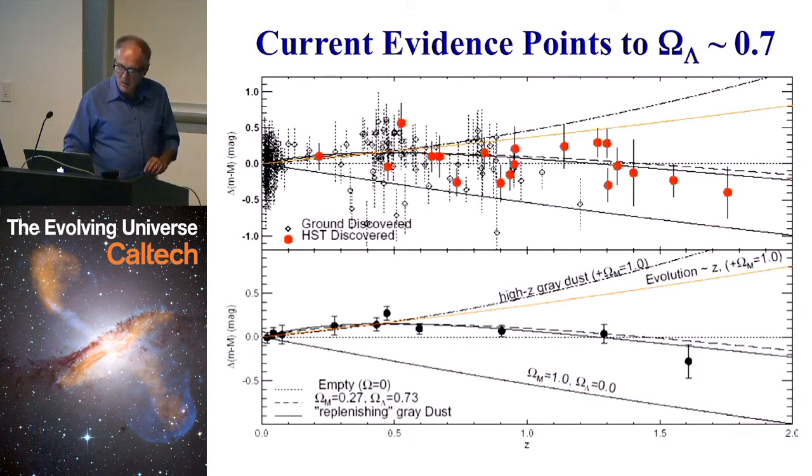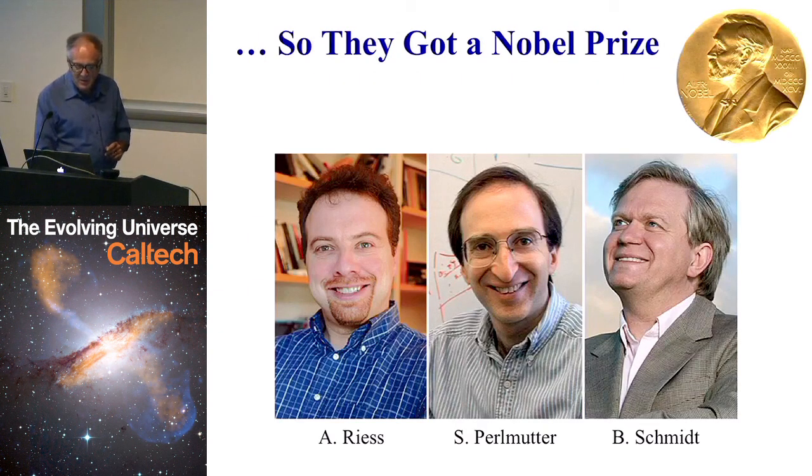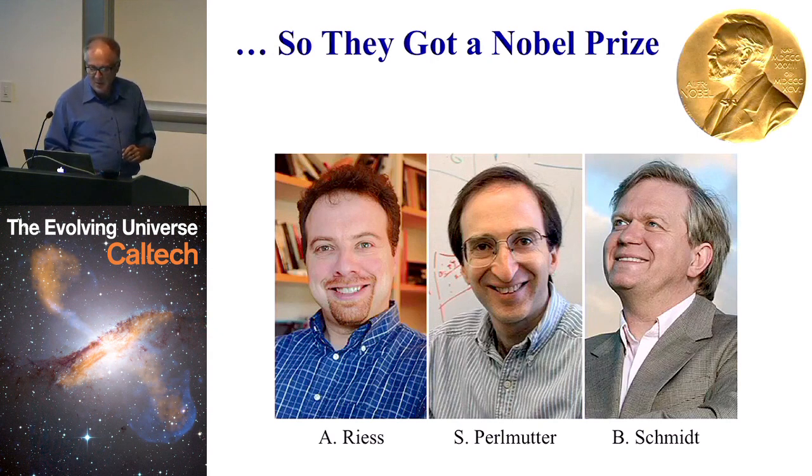So this result has stood the test of time. Many groups have done this now with many, many more objects, and everybody gets the same result. So that's very encouraging. The leaders of the two groups, Riess and Schmidt on one side and Perlmutter on the other, shared the Nobel Prize for Physics.